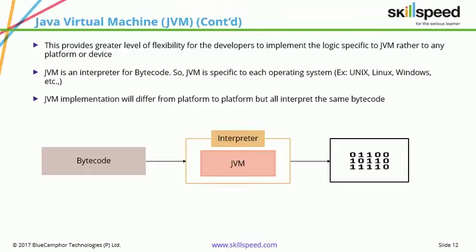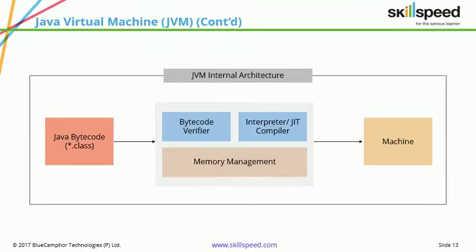Which means the JVM will be different for Windows, different for a Mac, different for Unix, and for any operating system where the bytecode has to be understood separately.